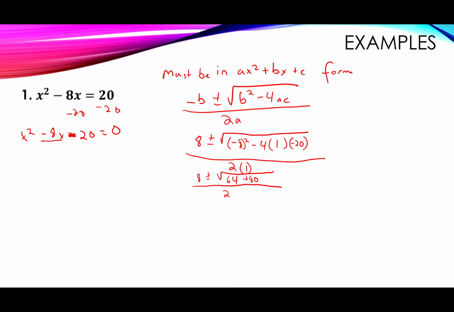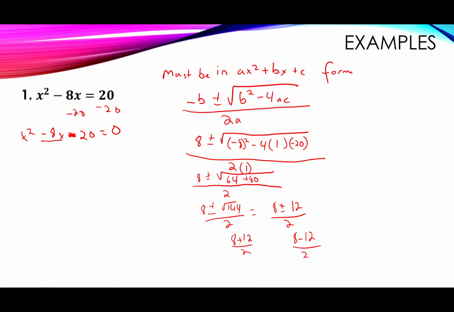So I have 144. And so it's 8 plus minus square root of 144 over 2, and that equals 8 plus minus 12 over 2. And so what I have to do now is I have to do two separates. I have 8 plus 12 over 2 and 8 minus 12 over 2.